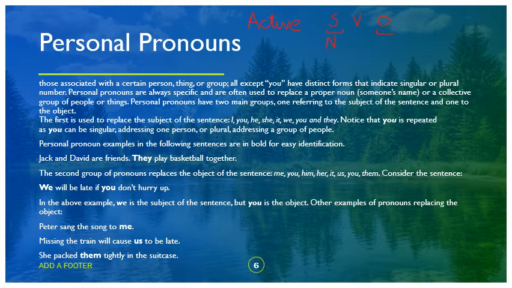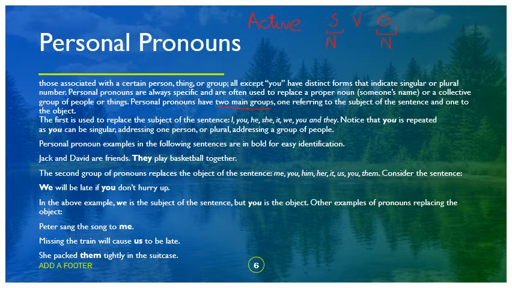An object almost always has a noun filling this spot. Now this noun is the subject and this noun is the object. So that is what they are talking about here, that personal pronouns have two main groups: one referring to the subject that I mentioned here and one referring to the object that I mentioned here.